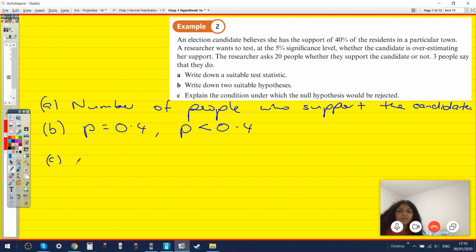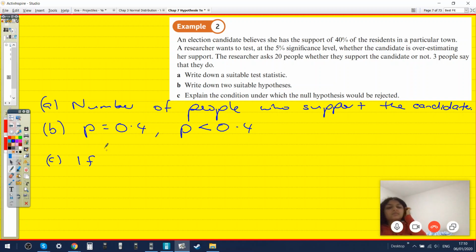If the value is greater than 0.05, then the null hypothesis is to be rejected. I think I always get confused about which way around it is.